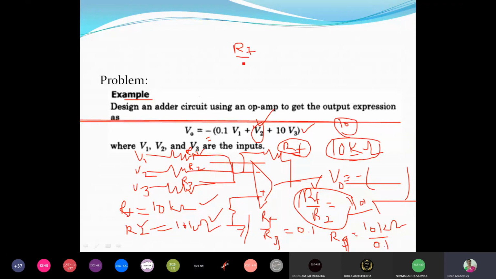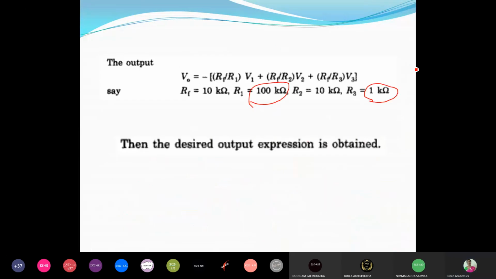RF by R3 is equal to 10, so R3 is equal to RF by 10. RF is 10 kilo ohms. So 10 kilo ohms by 10 is 1 kilo ohm. 1 kilo ohm only, right? R3 equal to 1 kilo ohm.